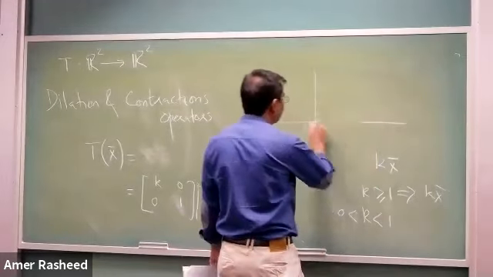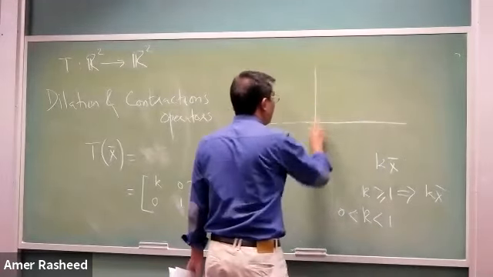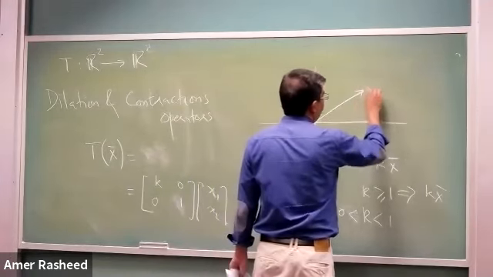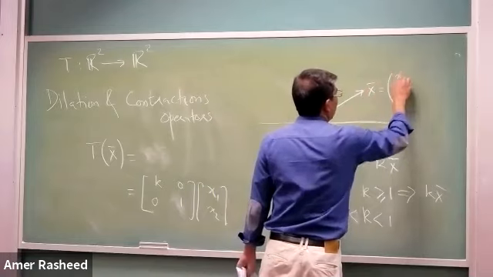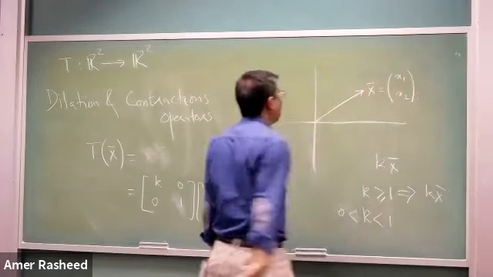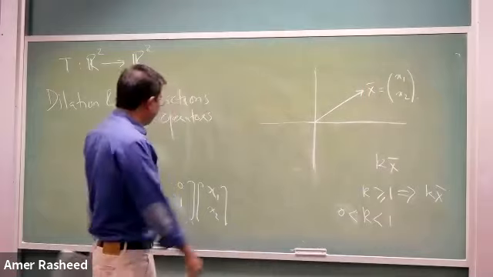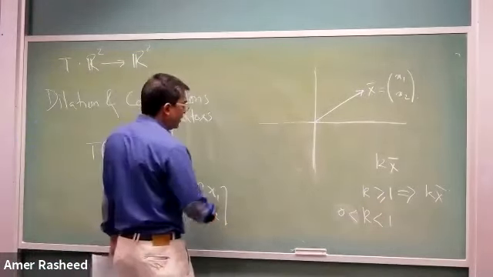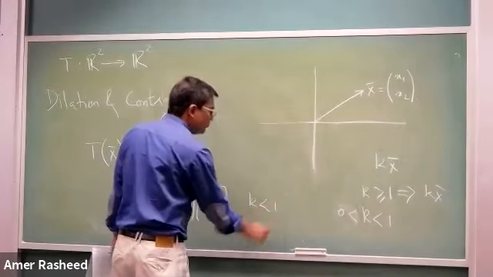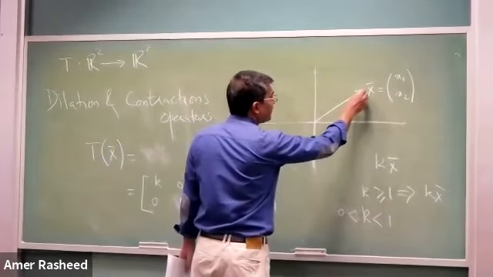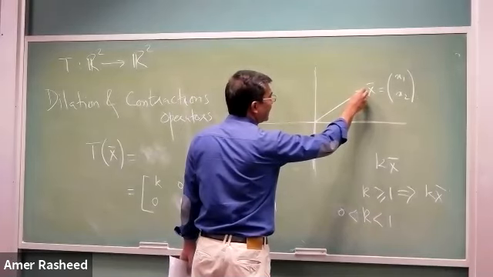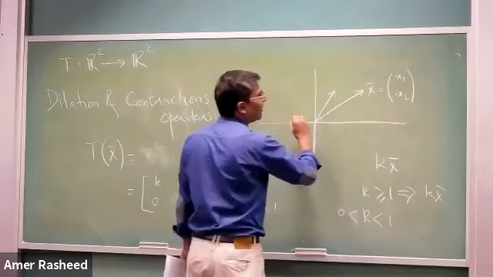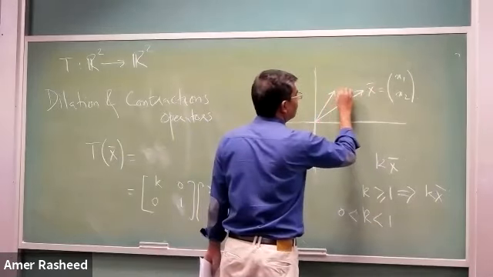If you have any vector, this one, x, which is x1, x2, and you apply this transformation [k, 0; 0, 1]. If k is greater than 1 or less than 1, for example if k is less than 1, this vector will be contracted only towards the x-axis. So this will come here. But the y-axis will remain the same.